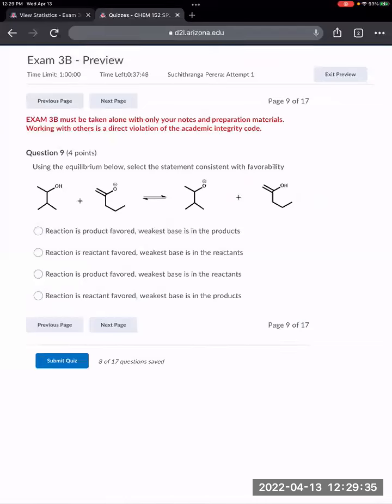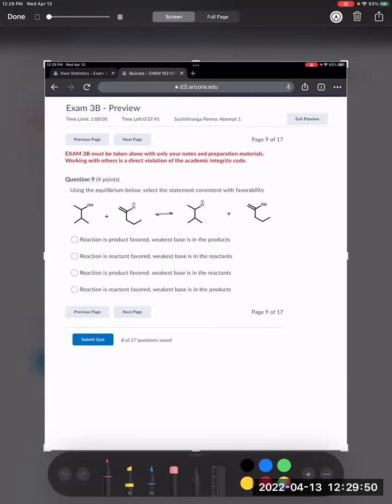So you're given an equilibrium and asked the reaction direction. Whenever you're given a problem like this, this is an acid-base reaction. When you are given an acid reacting with a base and asked whether this reaction is product favored or reactant favored, or the reaction direction, what we learned in class was to focus on the base.